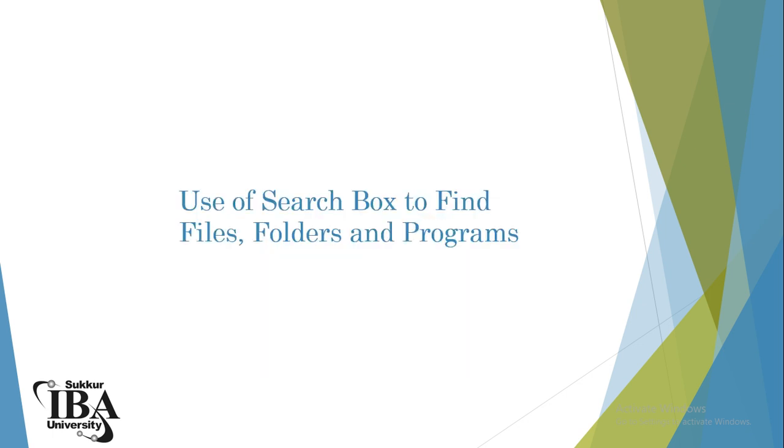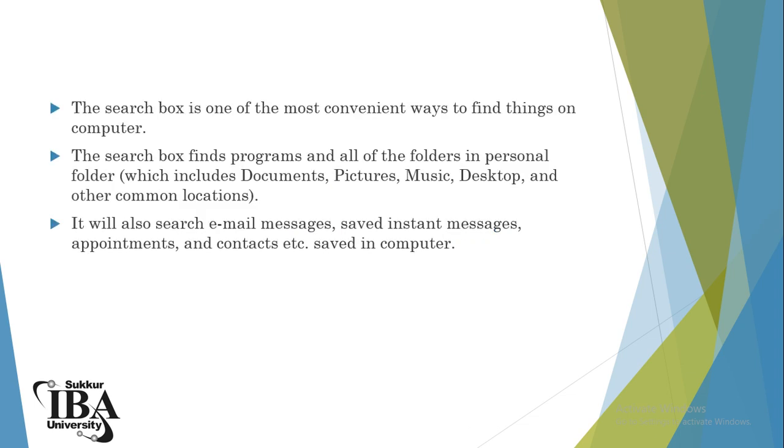Use of the search box to find files, folders and programs. Now we will know how we can use the search box for finding files, folders and programs. The search box is one of the most convenient ways to find things on the computer which are already stored. The search box finds programs and all the folders in the personal folder, which includes documents, pictures, music, desktop and other common locations.